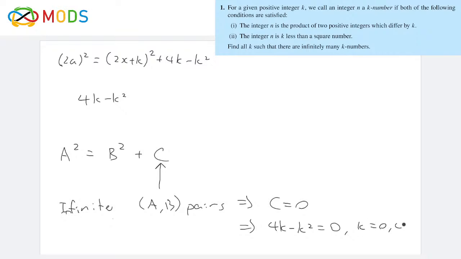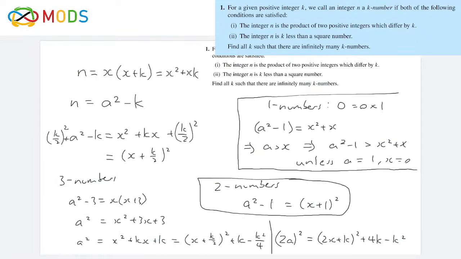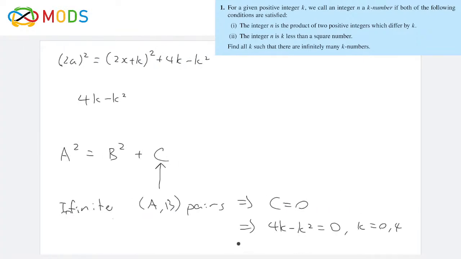K equals 0 or 4. But is k a positive integer? Yes, k is a positive integer, so k equals 4 is the only possible solution.